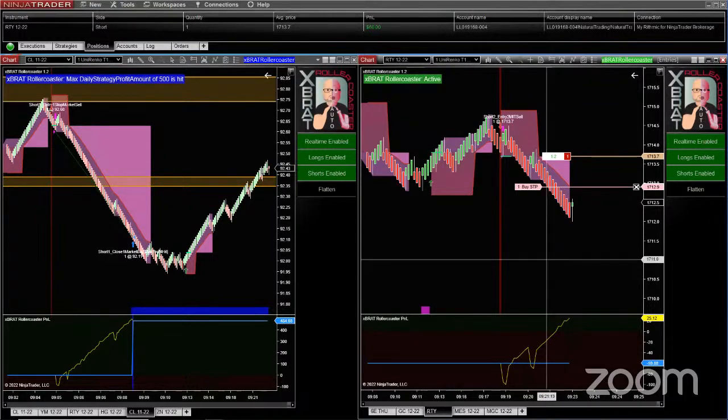So those that think the micros totally mirror the main E-mini contract, it's not exactly the same. Yes, the overall price is similar, but when you get down to this micro level on these ultra fast scalping time frames, this is Unirenko 135.